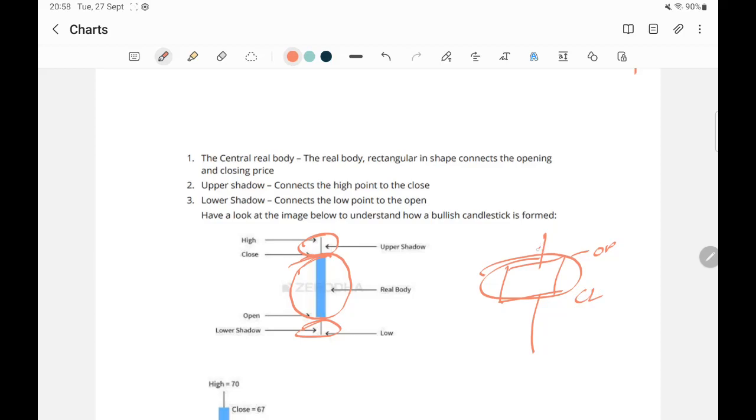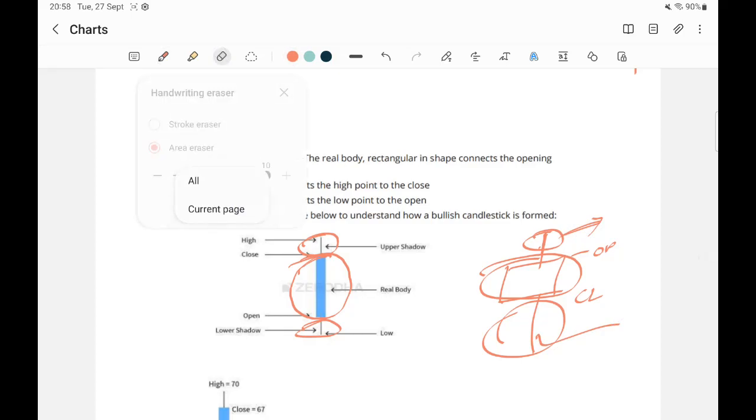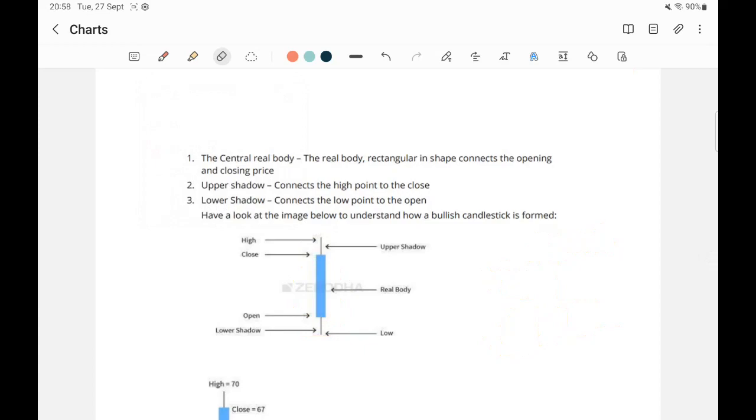Then there are the wings, or shadows: the upper shadow and the lower shadow. So broadly there are three parts: the body, the upper shadow and the lower shadow.